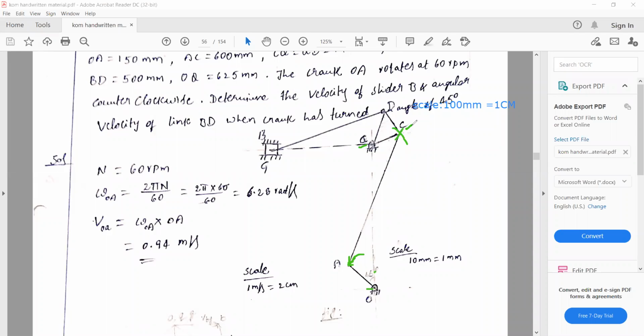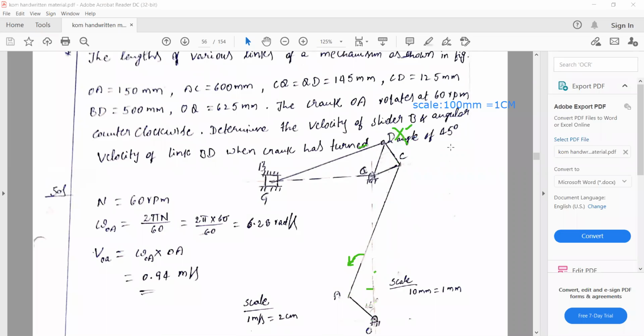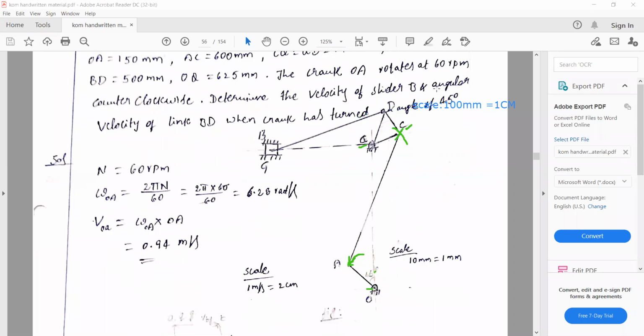Now CD and QD. CD is 125 mm and QD is 145. So again arrange the distance of 1.25 centimeter on our compass and cut the arc.